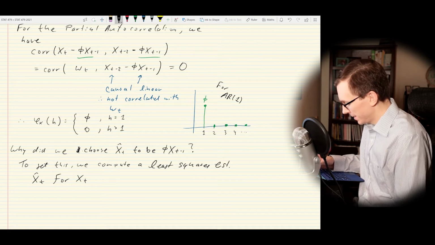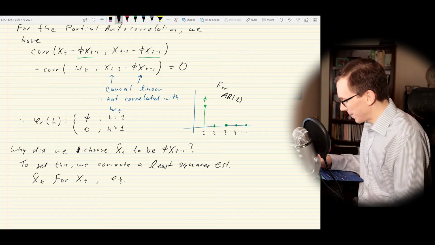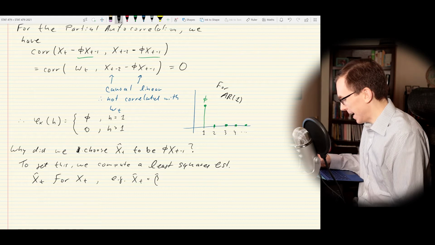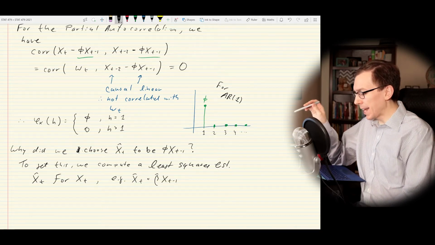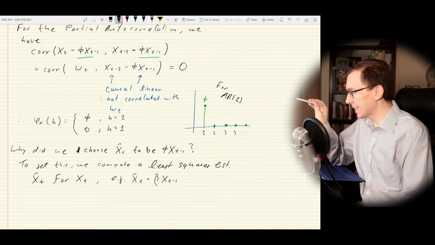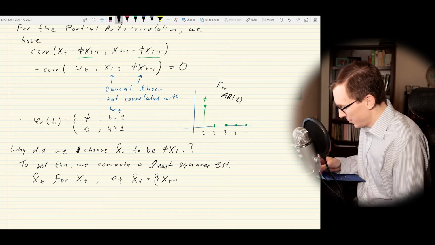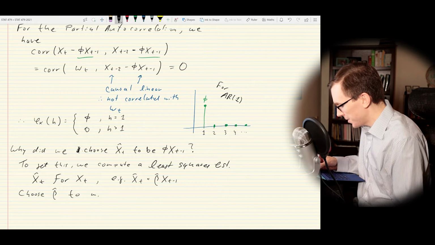So I guess, for example, we would have something like x_t hat is equal to beta hat times x_{t-1}, right? Because we're trying to use x_{t-1} to predict x_t. And then we would choose beta hat to minimize the least squares equation.